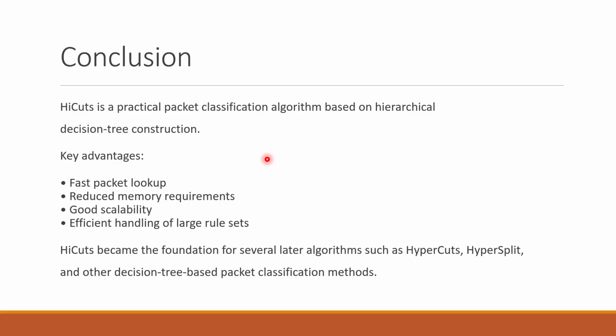The main advantages are fast packet lookup, reduced memory requirement, good scalability, and efficient handling of a large rule set. HiCuts became the foundation of several later algorithms such as HyperCuts, HyperSplit, and other decision-tree-based packet classification methods.